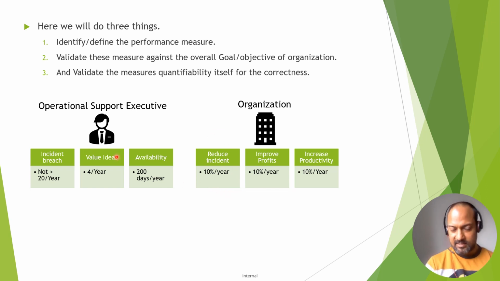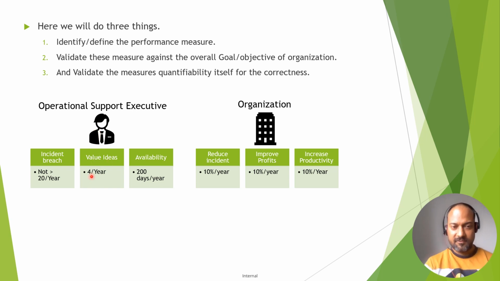Then value ideas, 4 per year. Where is it derived from? It is derived from improved profit margin, which the organization has set at 10% per year. The organization wants value ideas from each operational support executive.